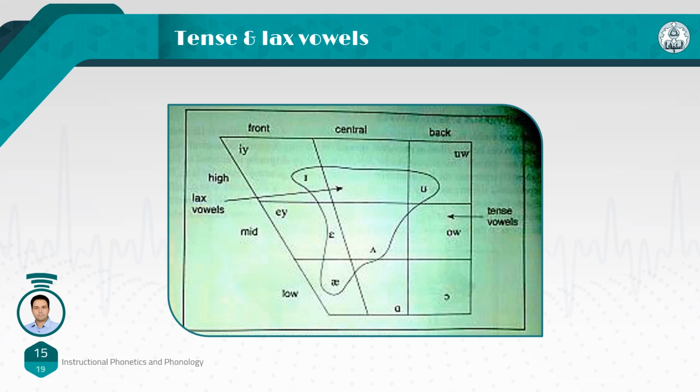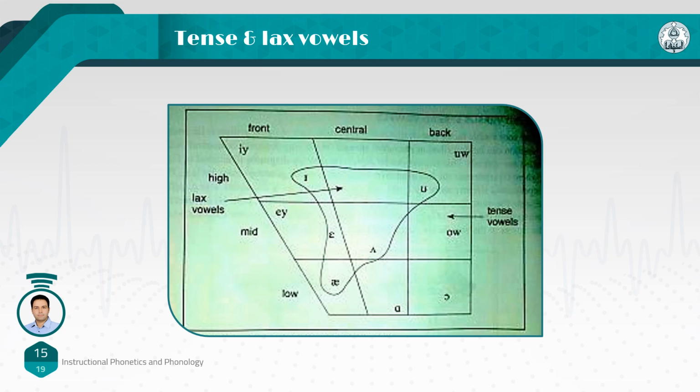As you can see, all lax vowels are located nearly in the center, and all tense vowels are located in the corners. Another difference between tense and lax vowels is that for tense vowels, you feel more tension in your neck, lips, jaw, and your tongue.